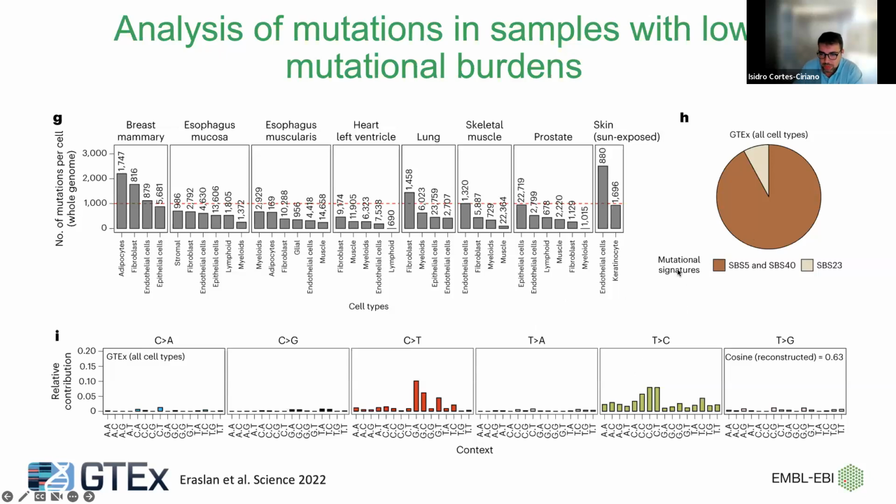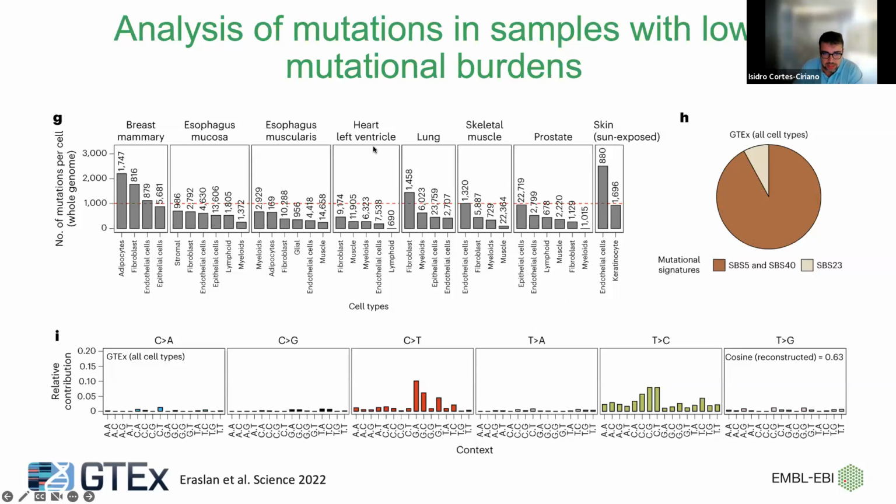So the mutations we detected were primarily explained by signatures 5 and 40. And this allowed us also to estimate the number of mutations per cell across various cell types and across various tissues. So basically, we estimated the average number of mutations per cell across diverse cell types in the human body.